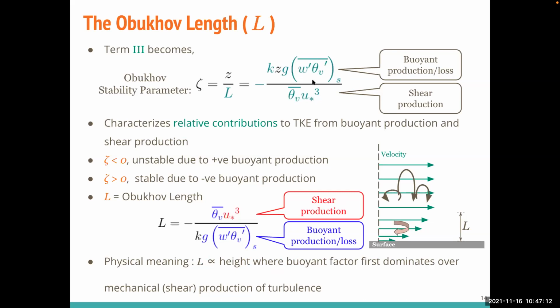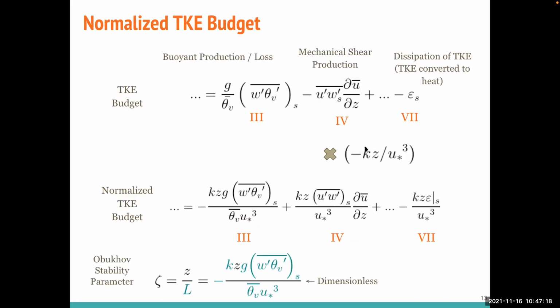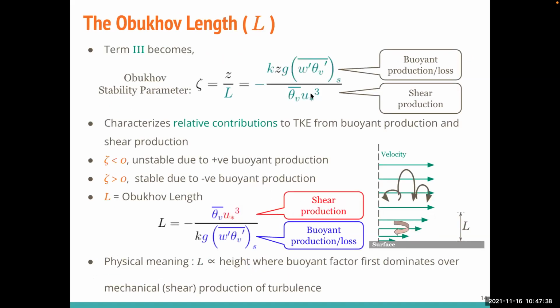Okay, so you have multiplied the whole term by this one, right? So U asterisk somehow is related to the mechanical part, or the momentum flux of your turbulence. So if you look at term 3, it is for buoyancy, right? You have 2 mechanisms combined here. The first one, of course, because it's coming from term 3, is the buoyant production or loss.